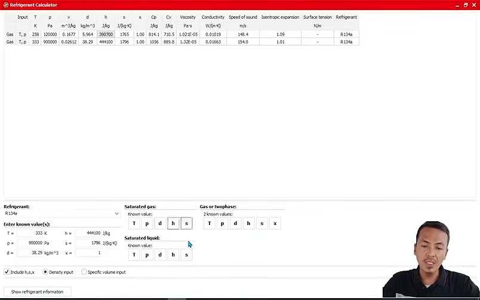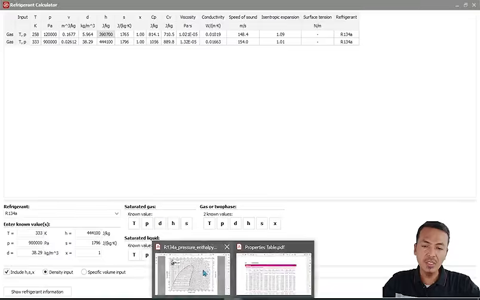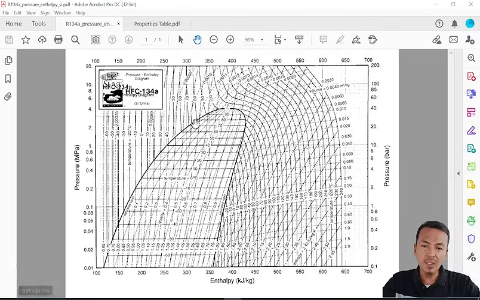here, because as you see in the log pH chart diagram here, the temperature line before the saturated liquid line is vertical. So if you get the subcooled liquid here, to get the enthalpy, the enthalpy is the same as the saturated liquid condition.